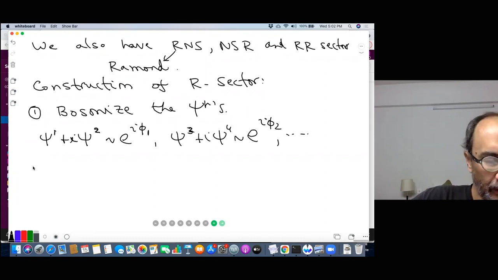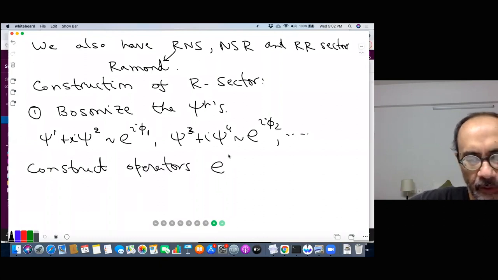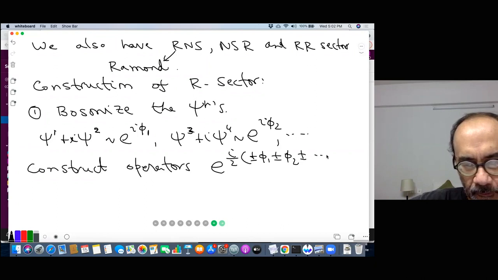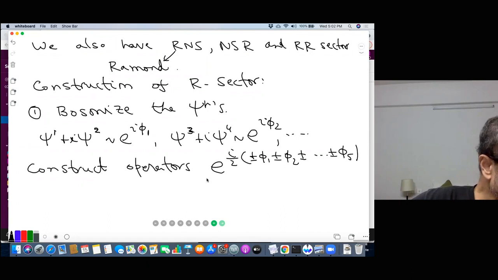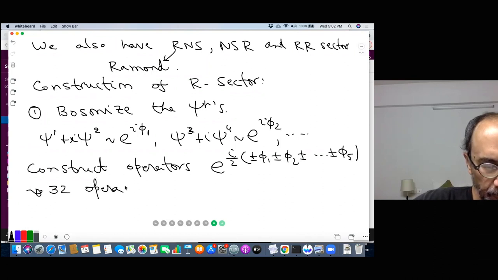And then we construct what are called spin fields: e to the power i/2 times plus or minus phi 1, plus or minus phi 2, through plus or minus phi 5. So there are 32 such operators, because you have 2 to the 5 choices of the signs.